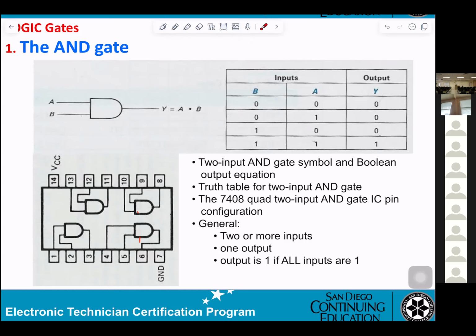Okay, the truth table here, you get two inputs, A and B. When you get two variables, how many combinations of two variables? So 2 power of 2, you get 4.